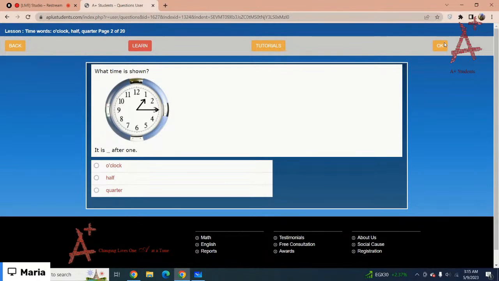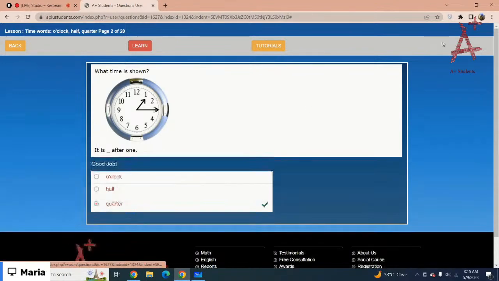So 15 minutes means it is quarter. You can say it is quarter after 1, like after 1 you have 15 minutes. It would be quarter after 1.